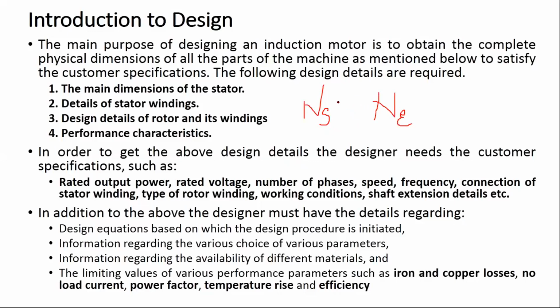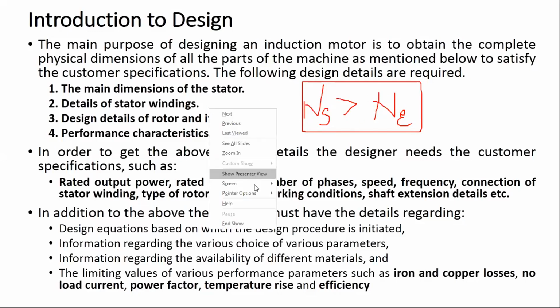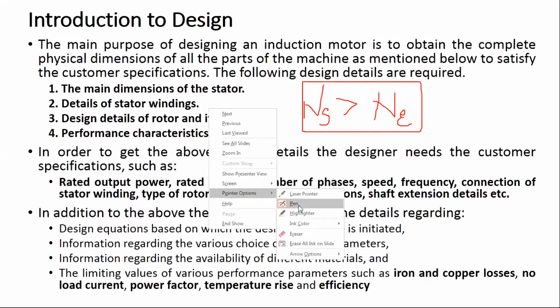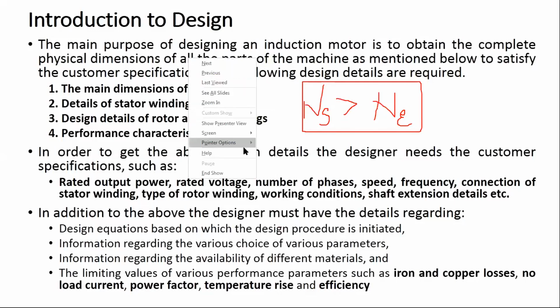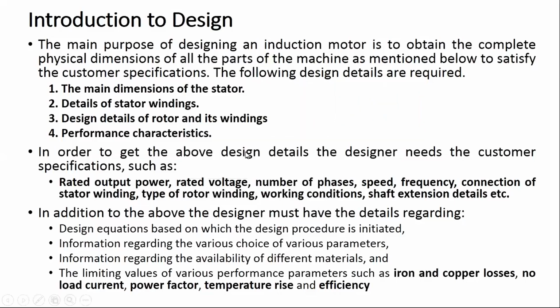These two are generally not equal, where Ns is greater than Nr. Because of this, the rotor keeps on rotating in a three-phase induction motor. If Ns becomes equal to Nr, then the induction principle will not work, and you do not have any rotation of the rotor in a three-phase induction motor, right?